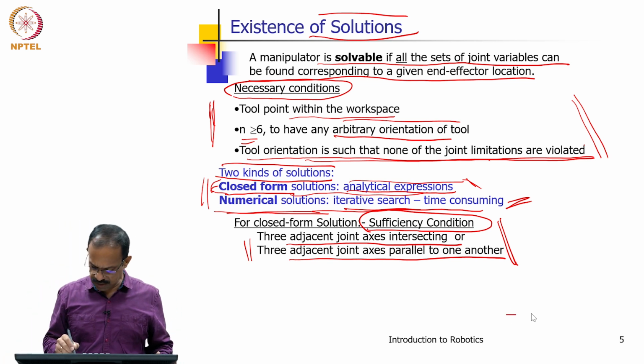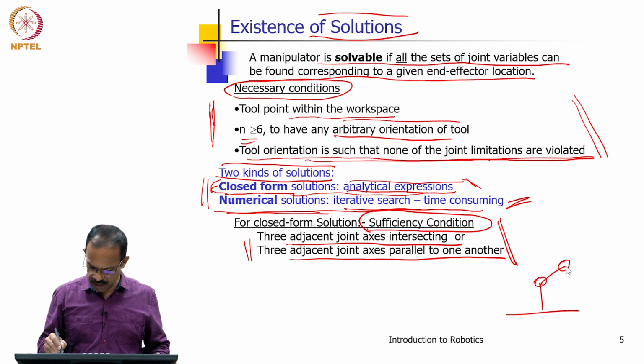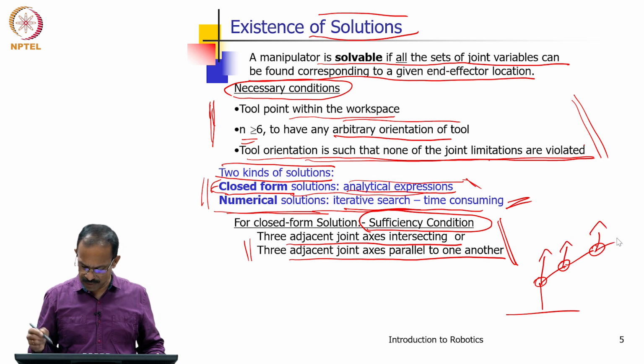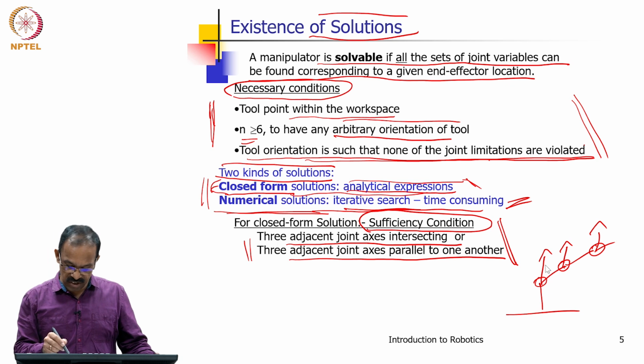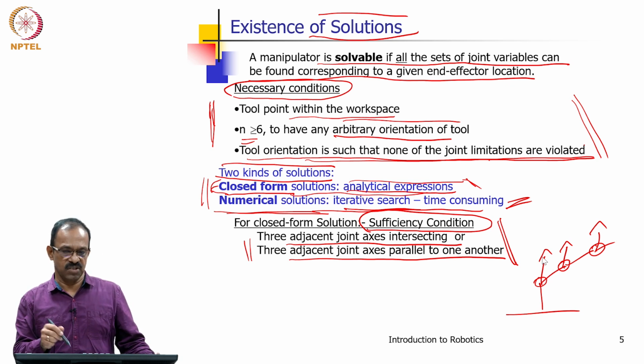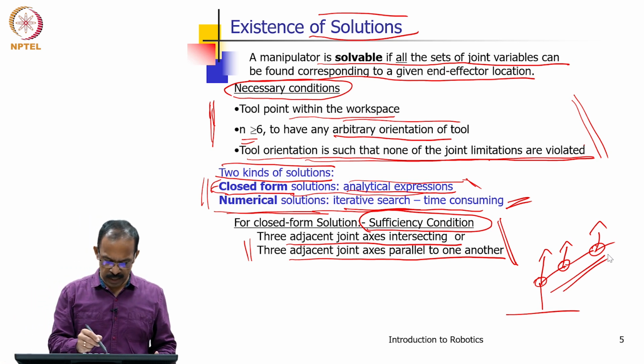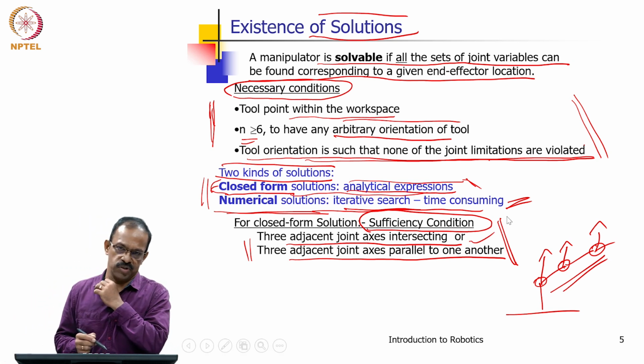Suppose you have one axis here, one axis here, and one joint axis here, and all the joint axes are parallel, then all the 3 adjacent joint axes are parallel, then you can have a closed form solution.